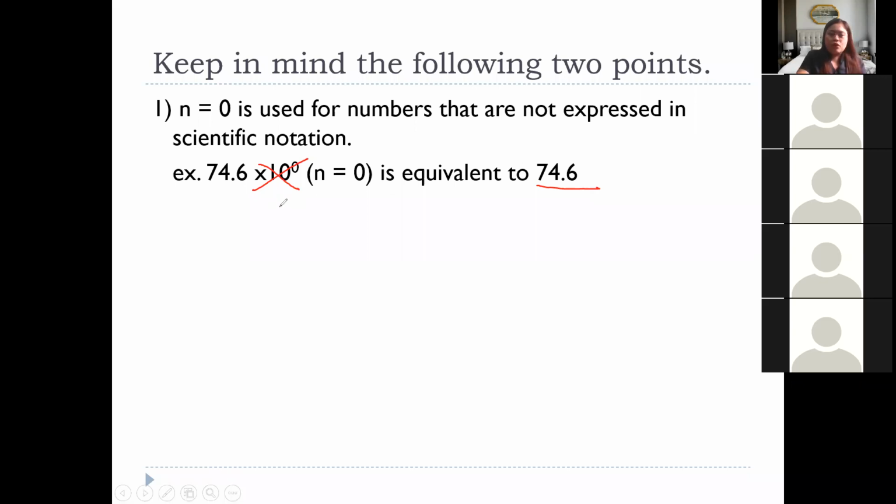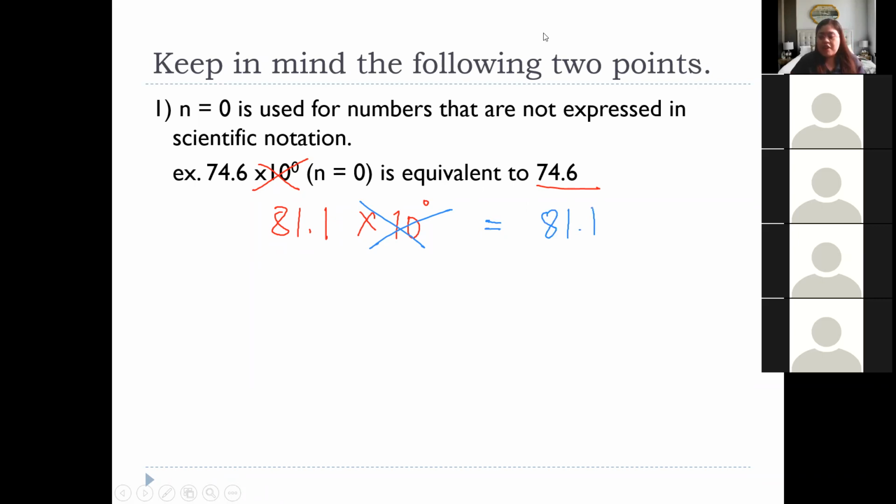That is also true if you have 81.1 times 10 raised to the power of 0. The presence of 0 here means it is not really expressed in scientific notation. Thus, the true value here is still 81.1.